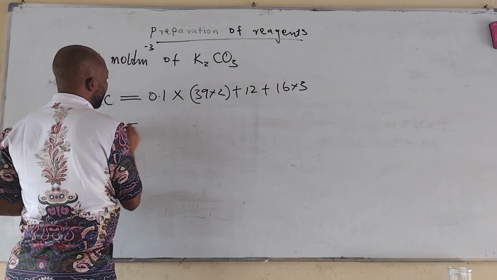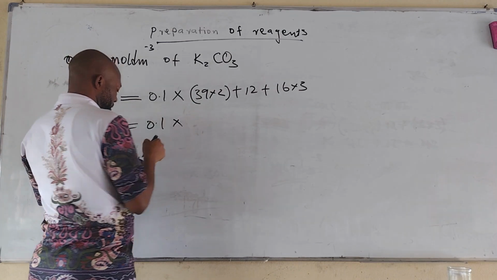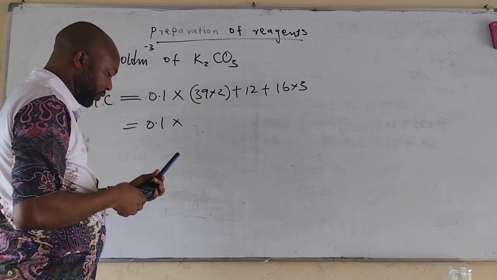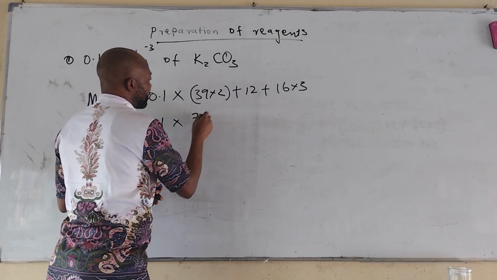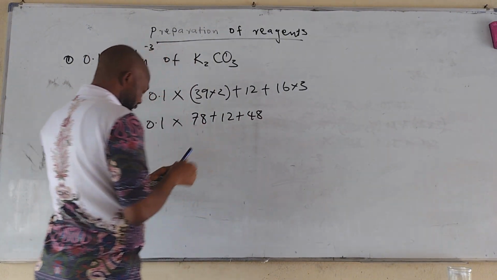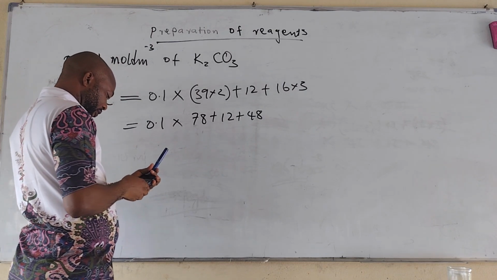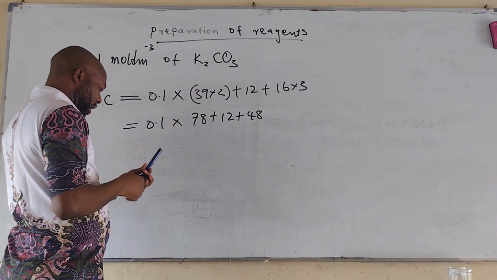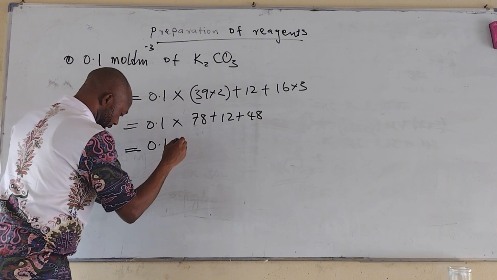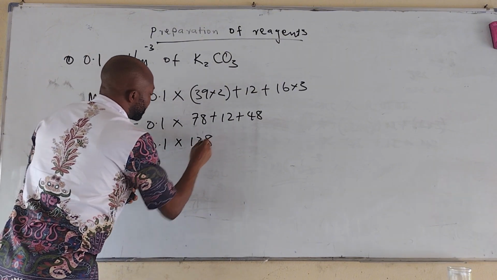So here I have 39 times 2, which gives me 78, plus 12, plus 48. I have 138. So this is equal to 0.1 times 138.